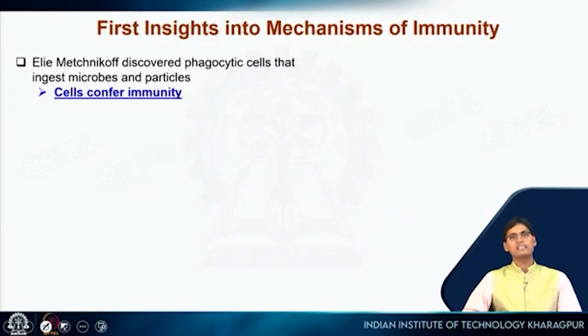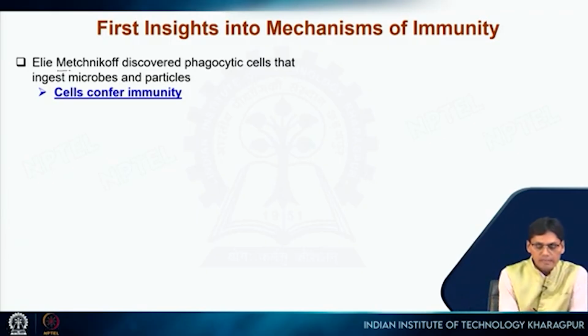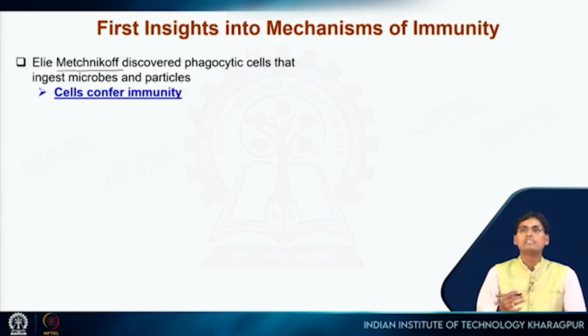The first insight into the mechanism of immunity. Whatever I discussed until now was just how vaccination protects us from a particular disease. But now, how does our immune system work? That is what I am going to discuss here. Elie Metchnikoff discovered that phagocytic cells present in our body engulf microbes and some foreign particles, and that's why we have immunity.